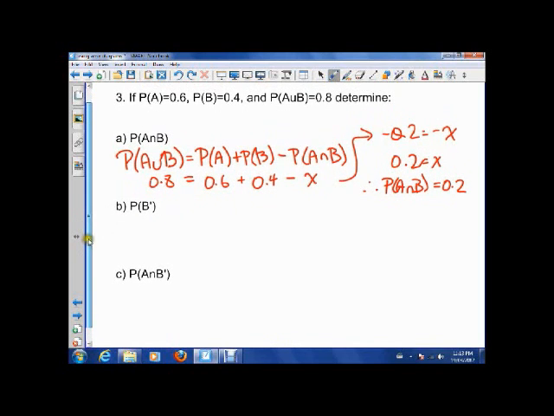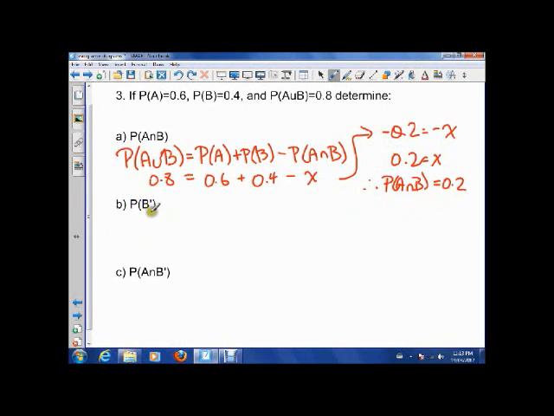Now the probability of B prime. Well, we know that the total probability of everything is 100% or 1. So either something's in B or it's not. There's nothing else that can happen. So the way to approach this one is we consider that the probability that something's in a set and the probability that it's not add to 1.